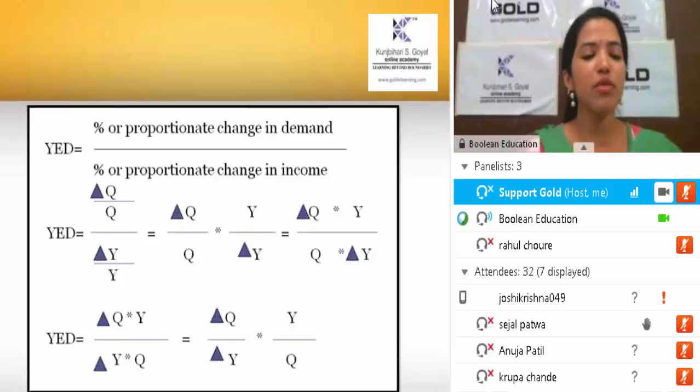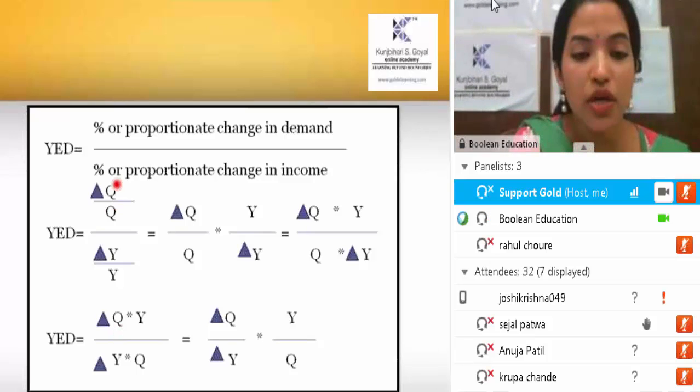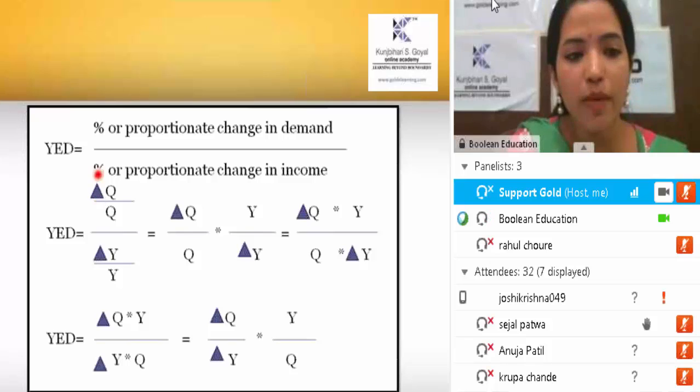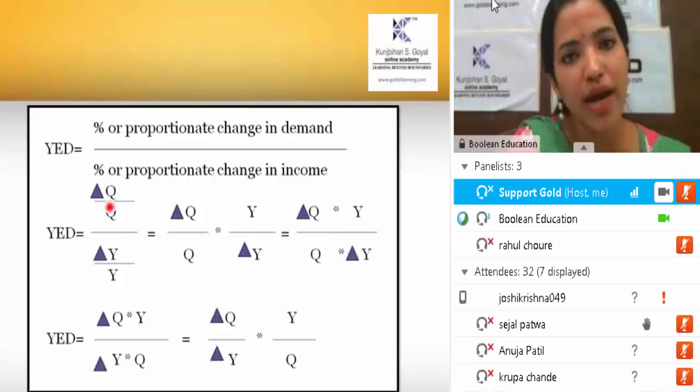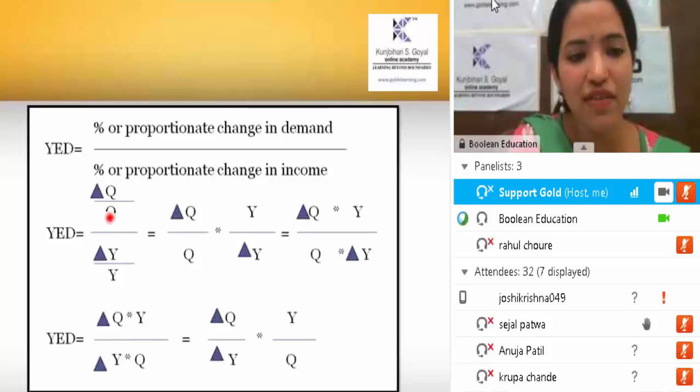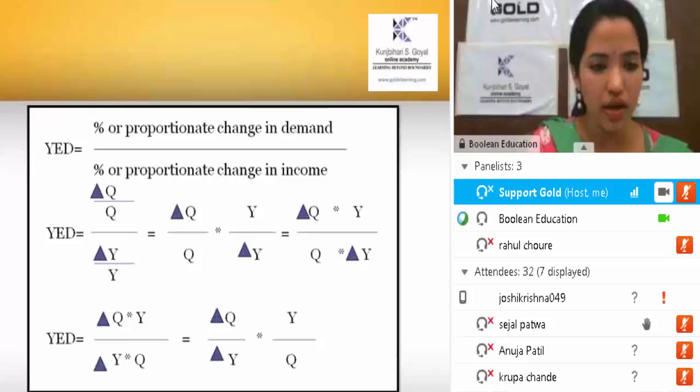So income elasticity equals what we want here. First we want percentage change in demand: change in demand by the original demand. This divided by change in income by original income. Right? This will give you the percentage or proportionate change in income.